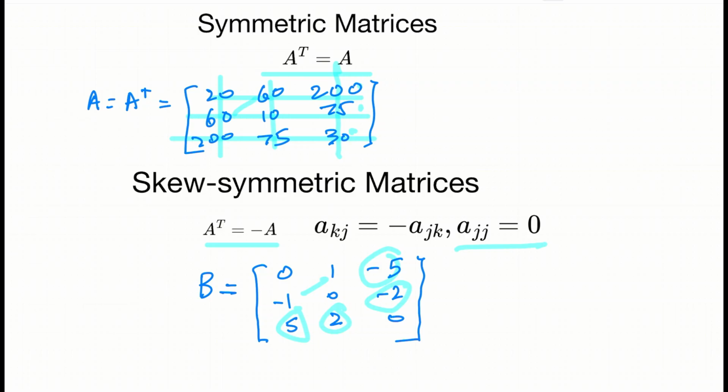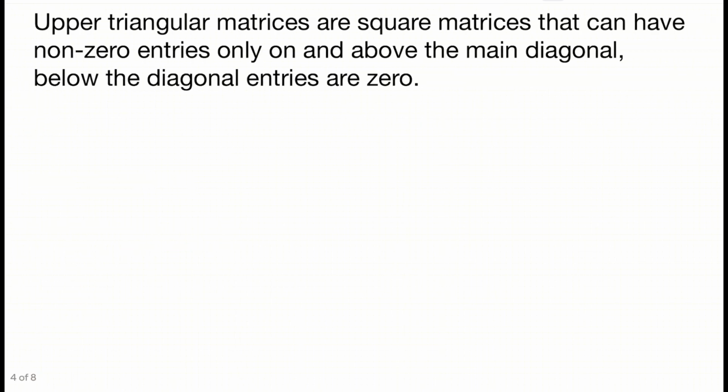Now let's look at the next one, which is called the upper triangular matrices. Upper triangular matrices are square, keyword, square matrices that can have non-zero entries only on and above the main diagonal. Below the diagonal, entries are 0. This is a definition.